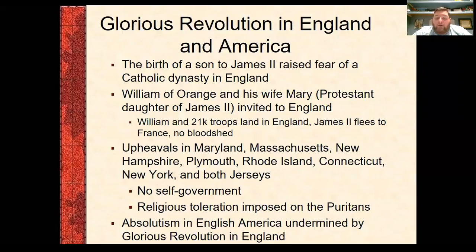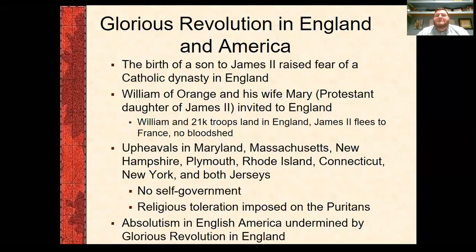He had married Mary, who is the Protestant daughter of James II. The Parliament invites him to England, basically to assume the throne, and they basically just do this bloodlessly. William does land with 21,000 troops, so it's not like he's coming without support. And James flees to Catholic France, and there's no bloodshed.